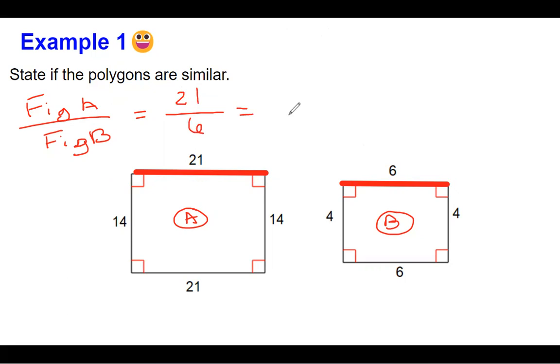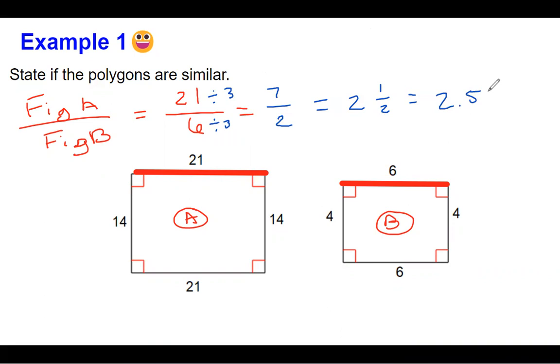Let's simplify that fraction. 21 over 6. We can simplify by 3. By 3, we're left with 7 over 2. Or it can be 2 and 1/2. If you guys wanted a decimal value, you can also use your calculators to get your decimal value as well to give you the response.